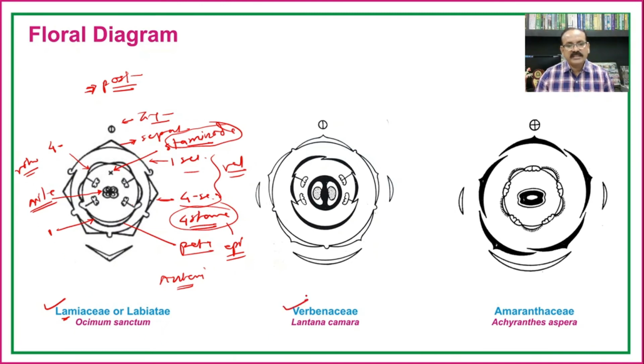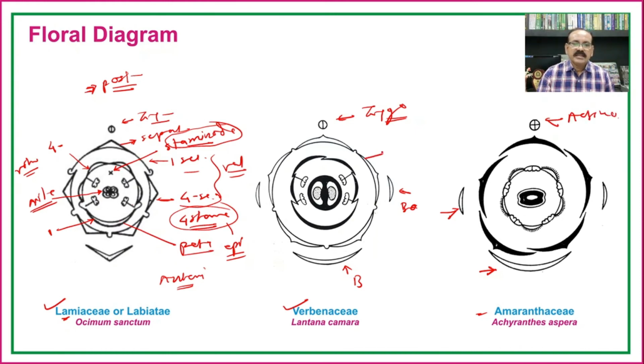In family Verbenaceae there is a presence of the bract, and the bracteoles also, and the flower is zygomorphic. But in the Amaranthaceae again there is a presence of bract and bracteole, but the flowers are actinomorphic.